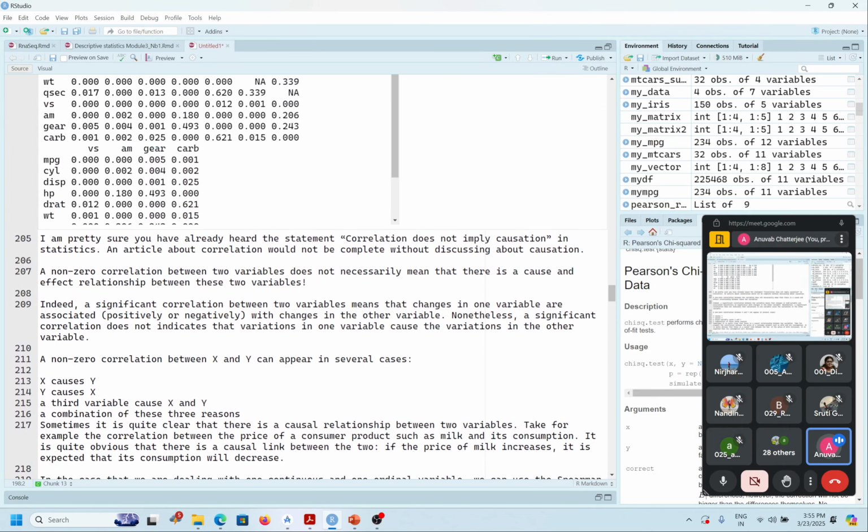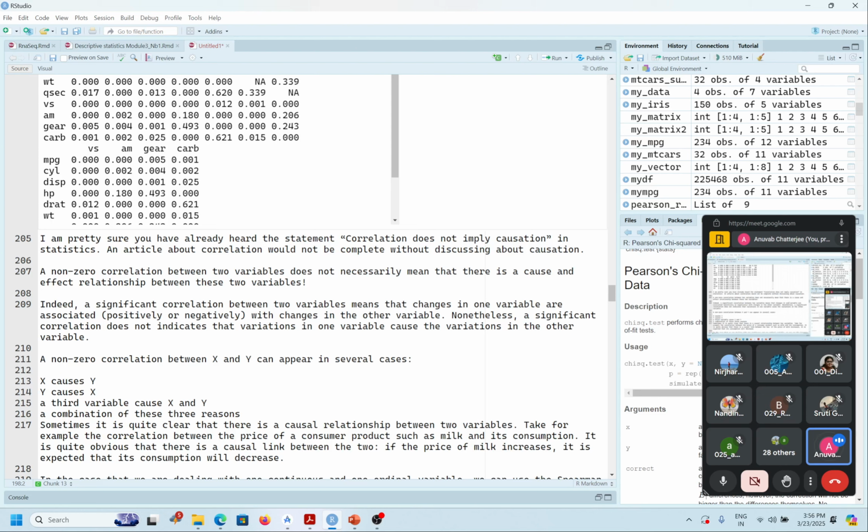So here is a big discussion about correlation, and there is a difference between correlation and causation. Whenever we are saying that two variables are correlated, say the number of hours you have practiced mathematics versus the marks you have gotten in mathematics, both are very well correlated.